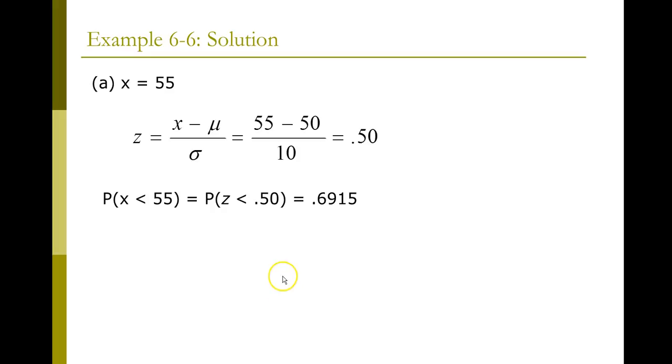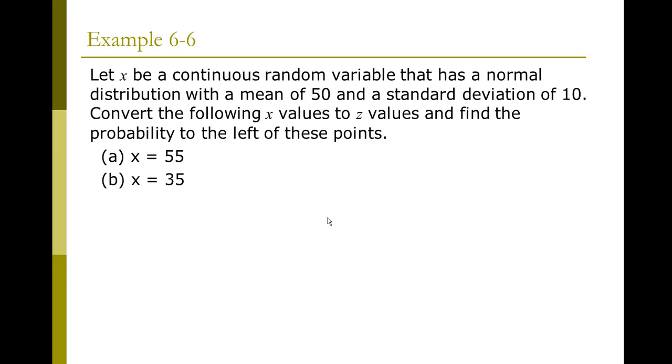Here's part A. The probability that x is less than 55 is equal to the probability that z is less than 0.5. And we can look that up in the table, and I'll let you look that up, and it turns out to be 0.6915. So the answer to the question is, convert it to the z value. Well, we did that, it's 0.5. And then find the probability to the left, and that is the probability we just got.